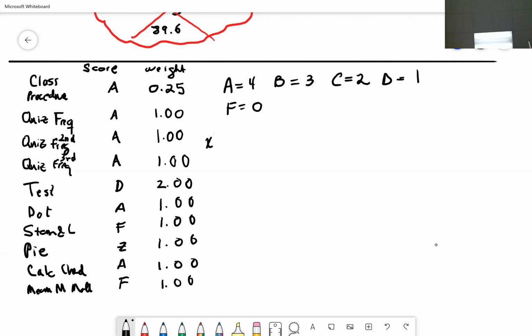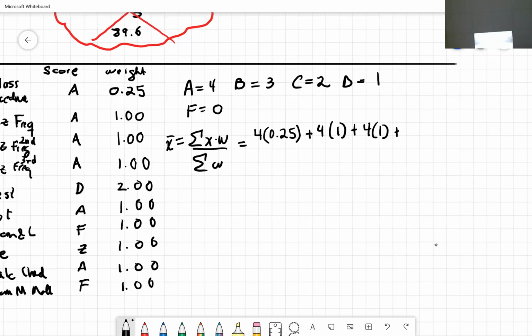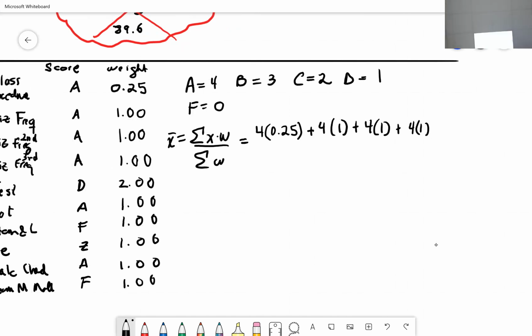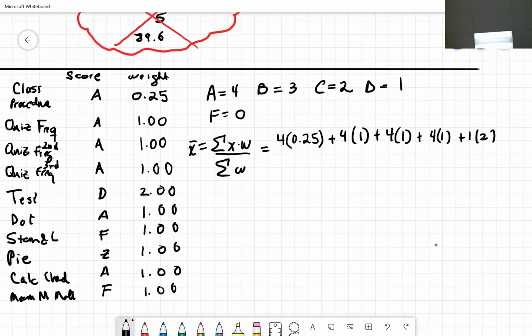We have X bar equals the sum of X times W divided by the sum of W. So that's going to be 4 times 0.25, plus 4 times 1, plus 4 times 1, plus 4 times 1, plus 1 times 2, right? Let me make sure. 1, 2, 3, 4. Okay.